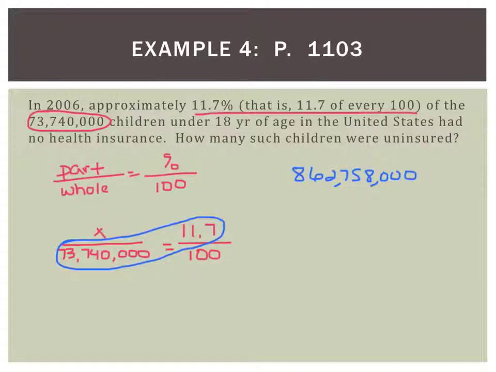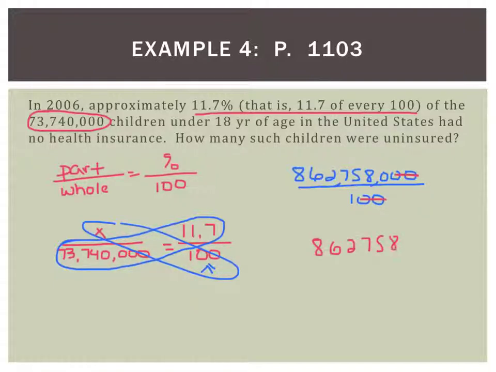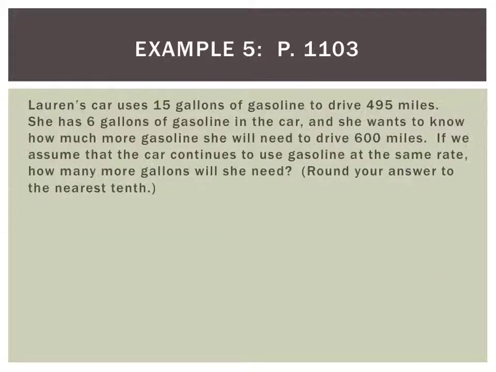So you multiply diagonally, and then you divide by the number that's diagonal from the X. So when I divide that by 100, the shortcut for dividing by 100 is to cross off 2 zeros. So it's going to be 8,627,580. 8,627,580 is the part of the population that was uninsured.